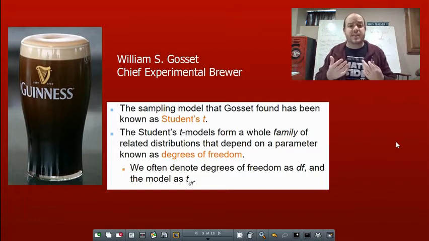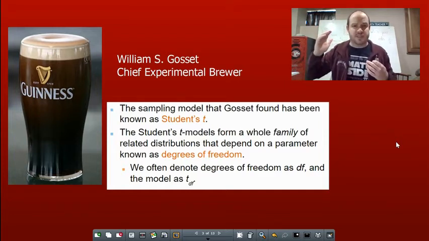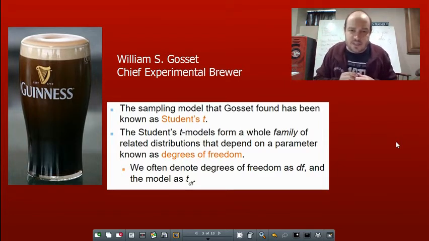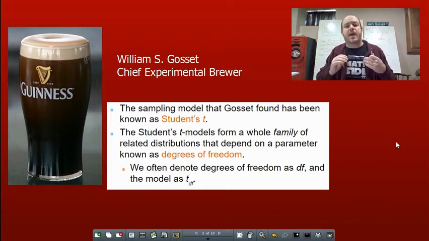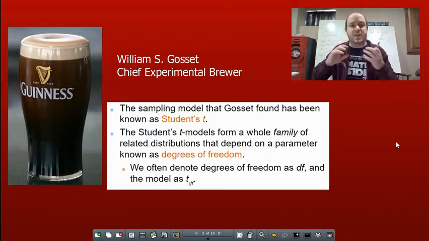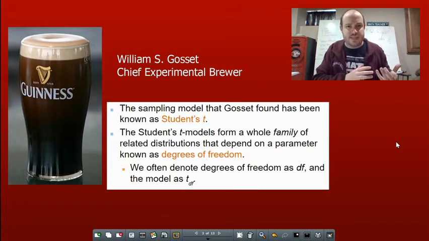So when he was looking into this, he said, all right, if I move to this new distribution and do a bunch of curves based off the sample size, which he refers to as the degrees of freedom, then I'll be able to get much more accurate results. I'm not going to run into all the issues I was running into with the Z score stuff, and I'm going to be able to save myself a lot of beer.